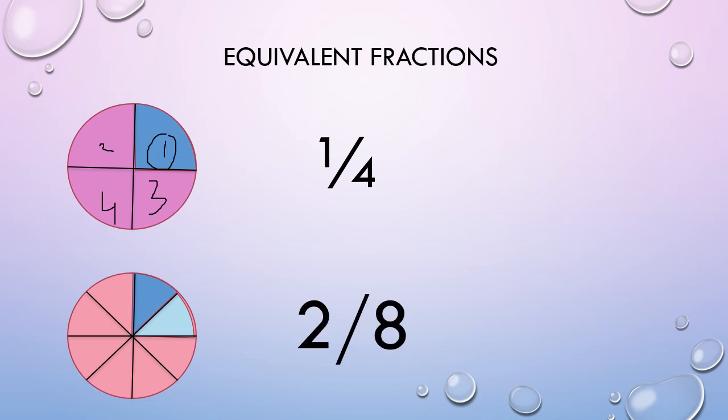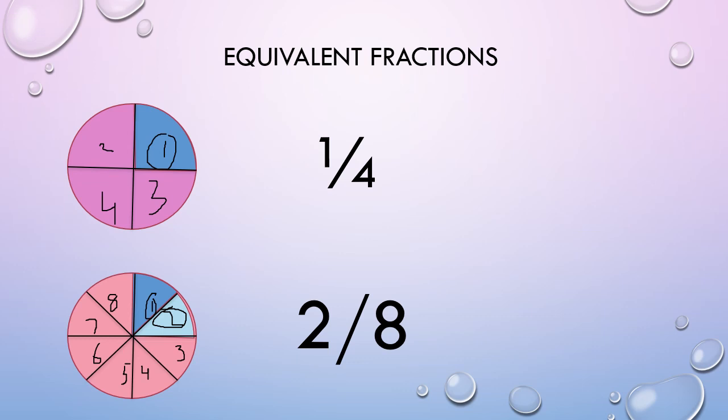So there are 8 parts, 1, 2, 3, 4, 5, 6, 7, 8, and only 2 of those parts are selected, and those are in the numerator.